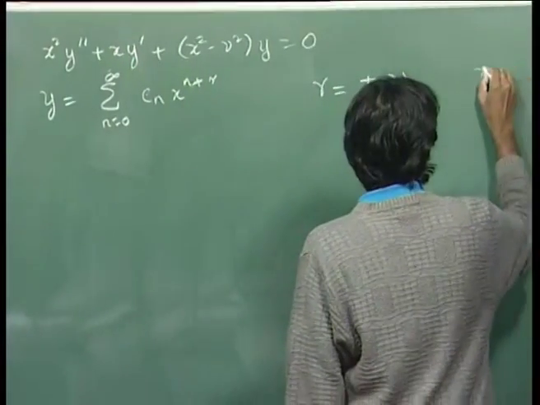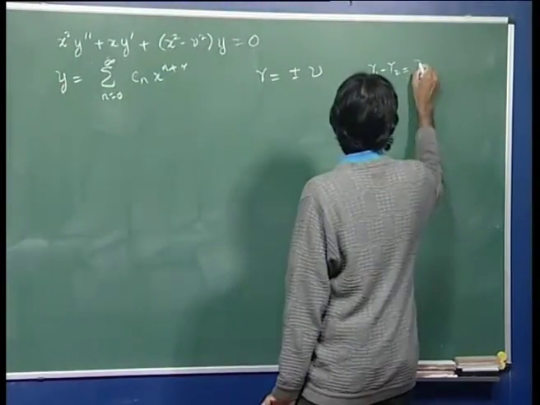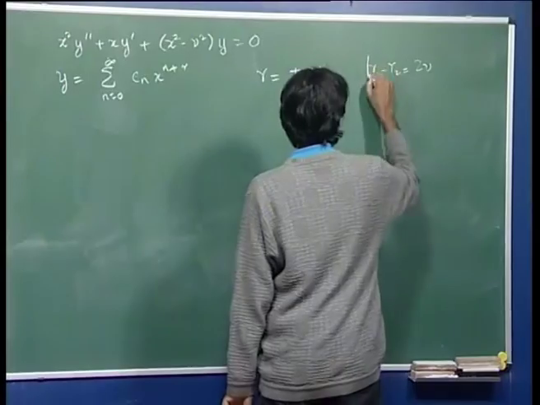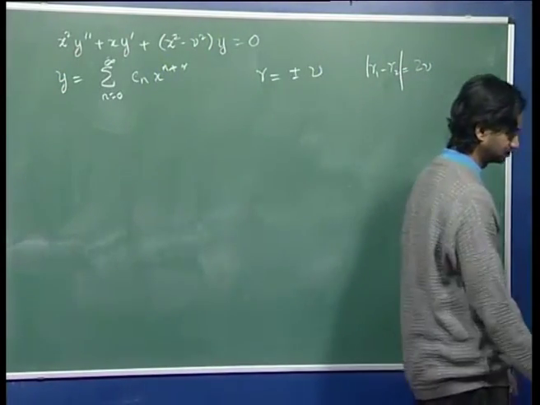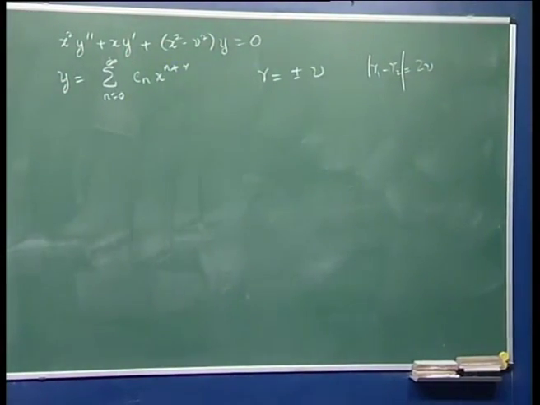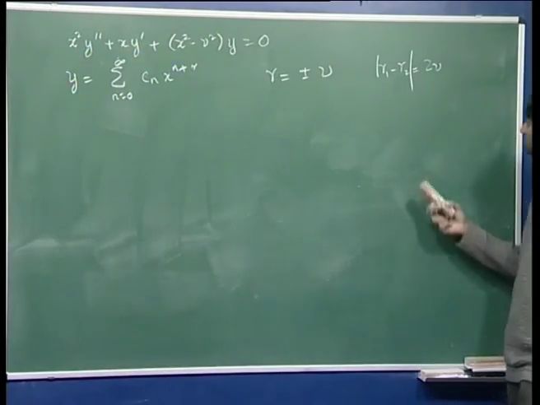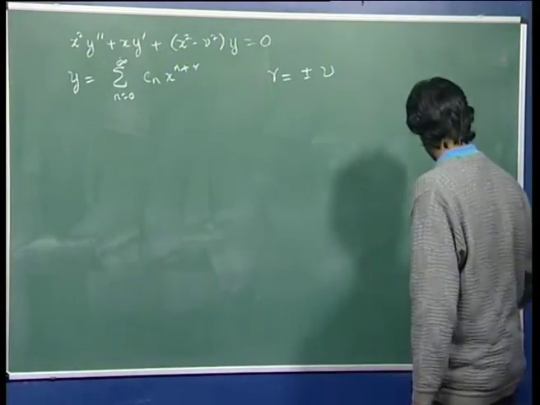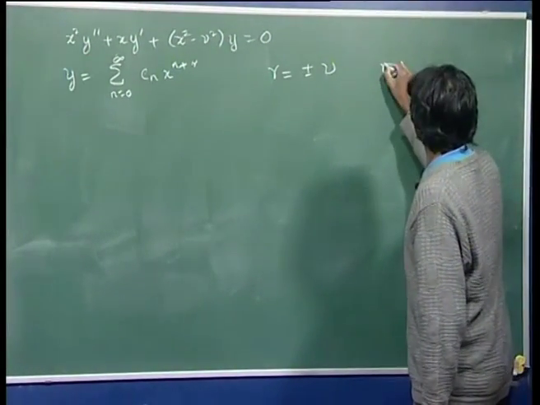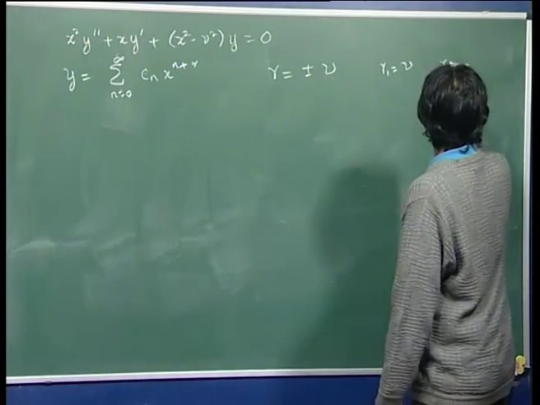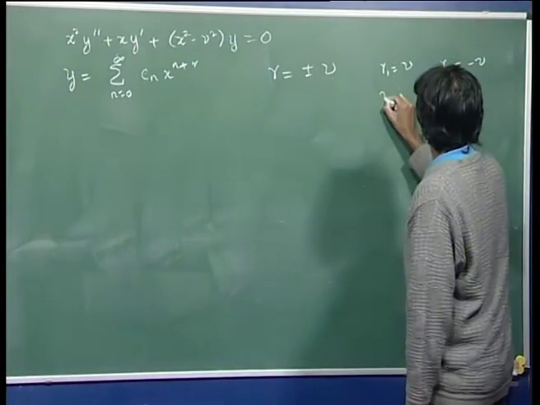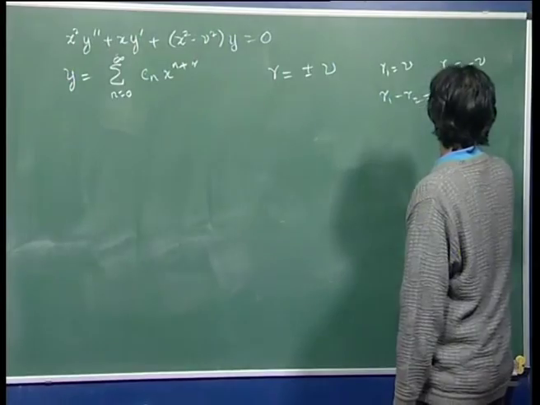So, therefore, r 1 minus r 2 is 2 nu, or absolute value of r 1 minus r 2 is 2 nu. Okay. So, actually I should write it slightly differently. I will say if r 1 equal to nu, r 2 equal to minus nu, r 1 minus r 2 equal to 2 nu.